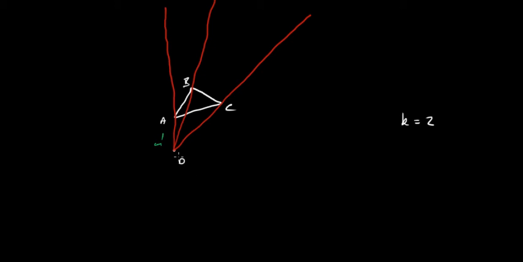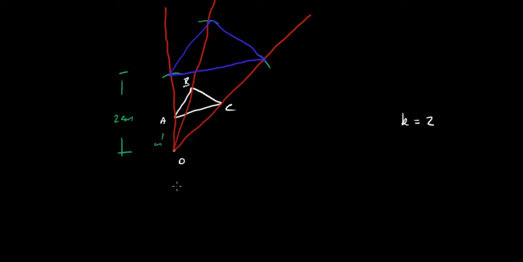You get your compass and you measure 2 centimeters on a ruler, and you simply draw an arc there that's 2 centimeters distance from O. You then measure O to C with a ruler, and again using your compass double the distance, and the same for B. Take a ruler, measure the distance from O to B, and using your compass measure double the distance, draw an arc, and there are your 3 points. So you just connect up these 3 points.